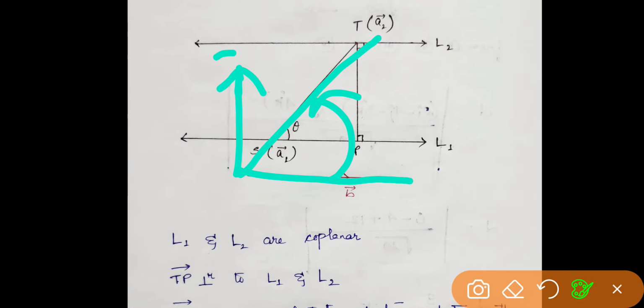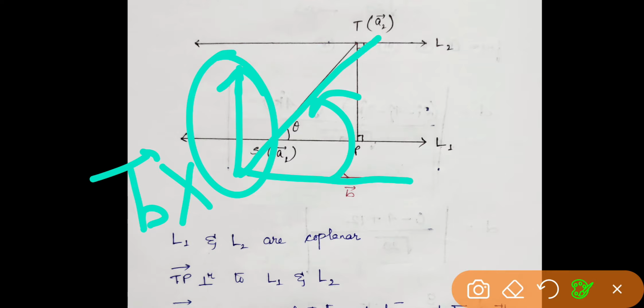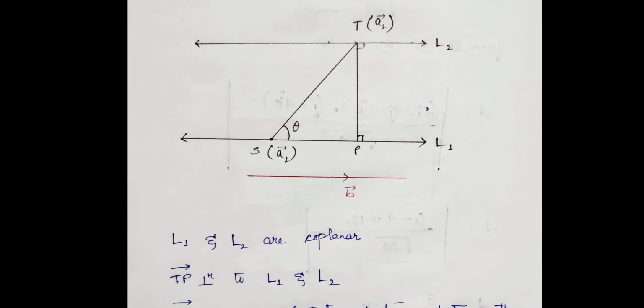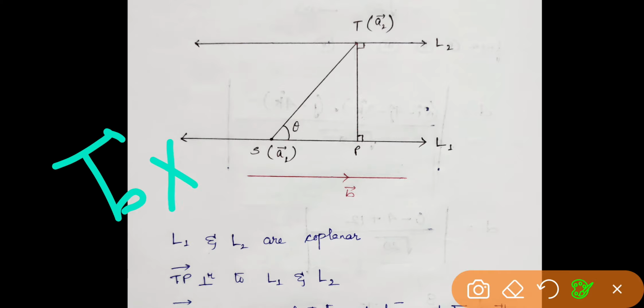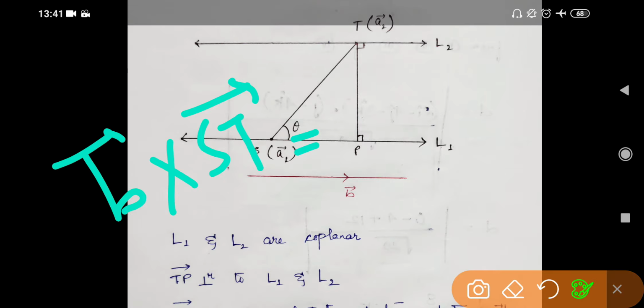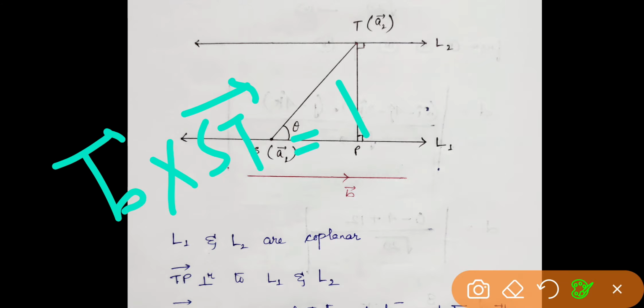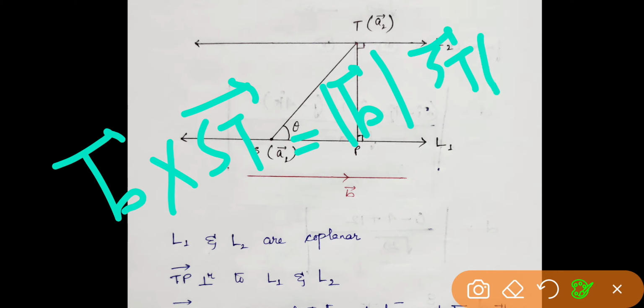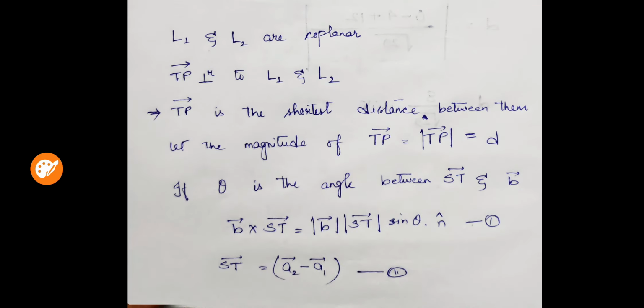So this vector will be written as B cross ST. According to cross product, how do we write? If we have the vector, then we do modulus thing. If we don't have that, what do we do? B vector, ST vector, sine theta n cap, right? We do this, so I will be writing like that.